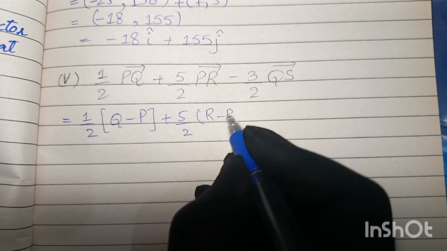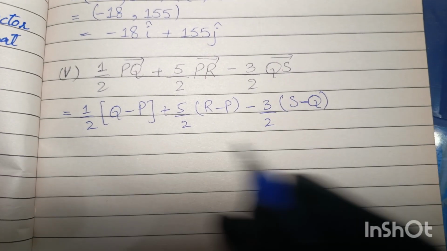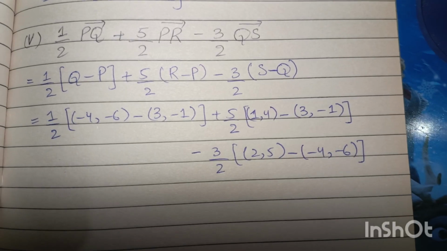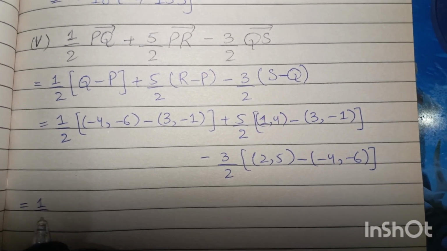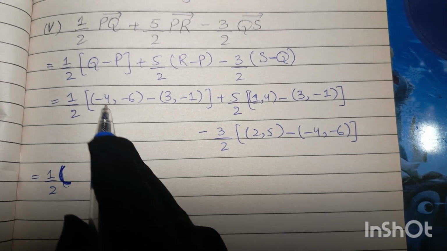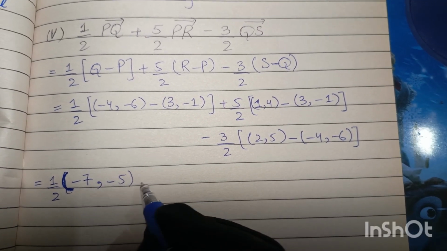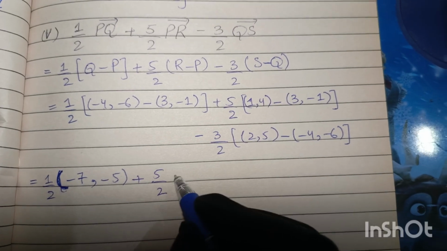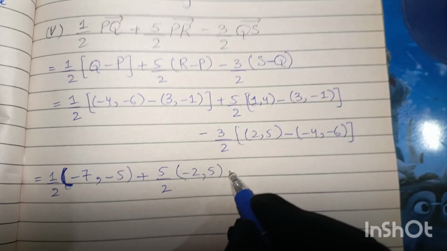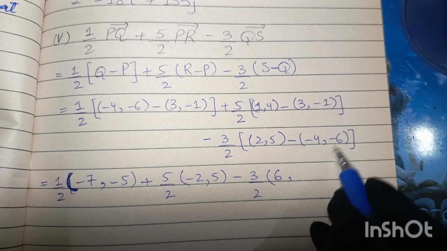PR means R minus P, and S minus Q. By putting values we get this step, and then after simplification we come to the next step, which is -4 minus 3 is -7, and -6 plus 1 is -5, plus 5 by 2 as it is, and 1 minus 3 is -2, and 4 plus 1 is 5, then -3 by 2 as it is, 2 plus 4 is 6, and 5 plus 6 is 11.